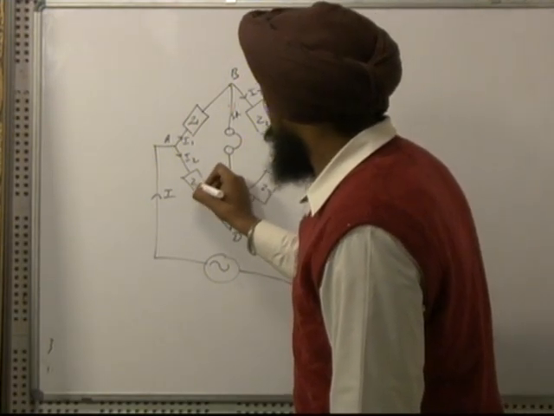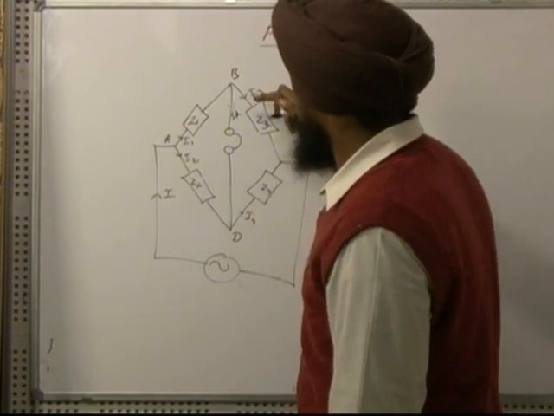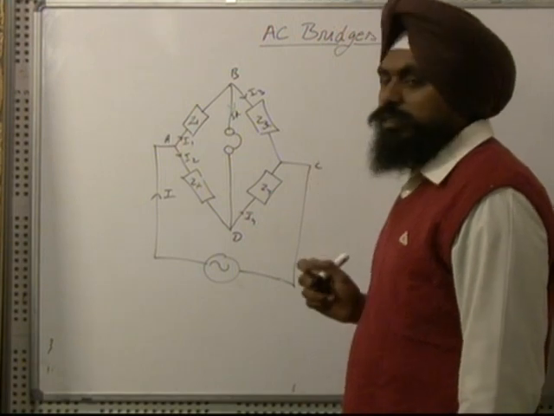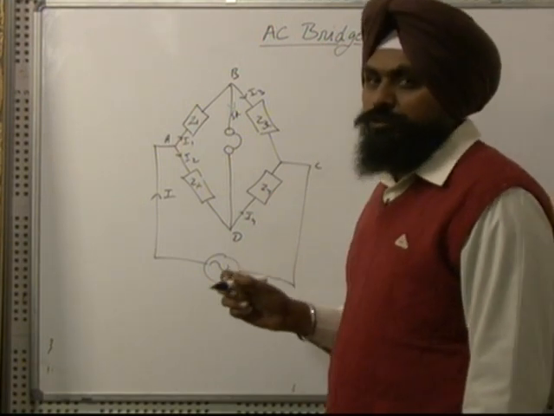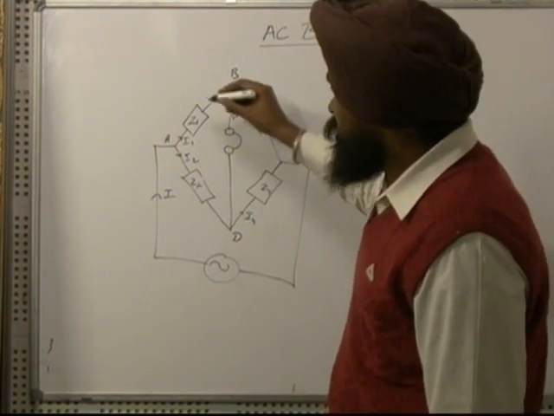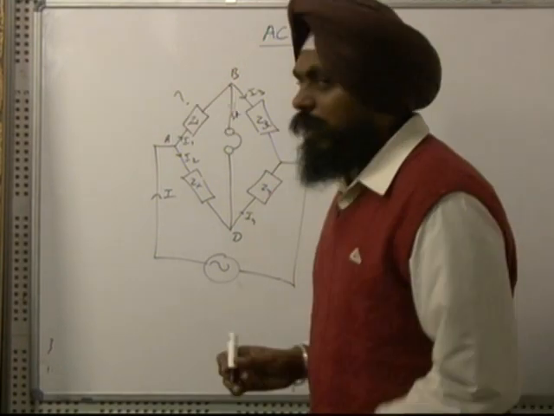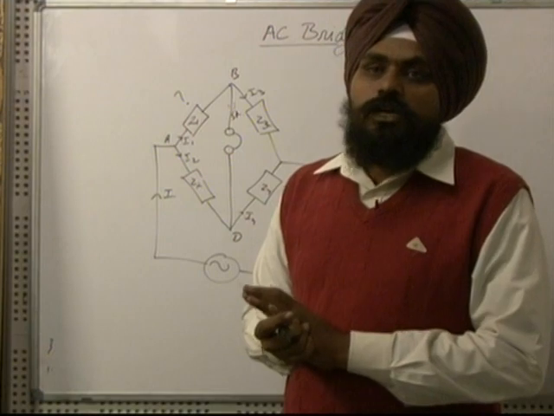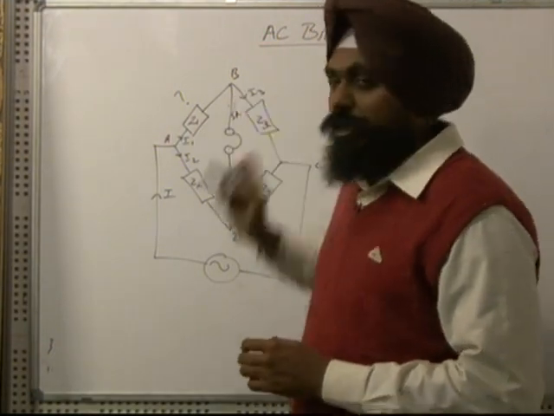So this is Z2, this is Z3, and similarly I4 will travel in Z4. Now what we do is we balance. This is the unknown impedance. जो भी आपकी unknown impedance है, that is connected in the branch first or branch AB.